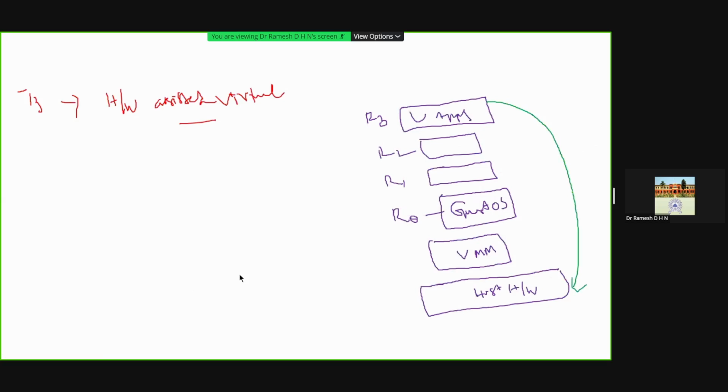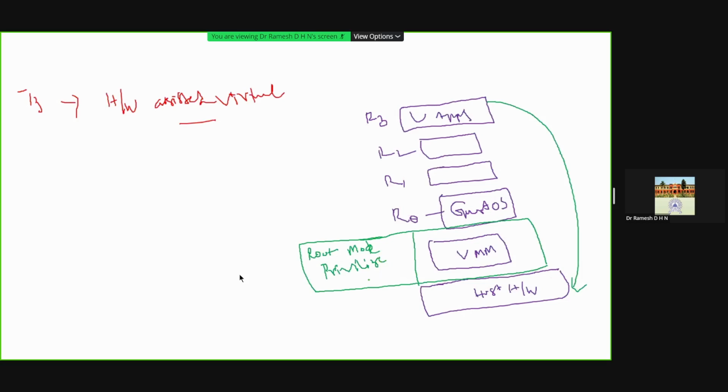Now there is a modality. Here, the part of the VMM is isolated in a manner like root mode privilege levels, meaning privileged instructions only.